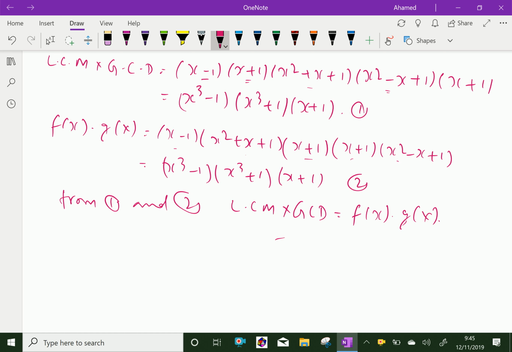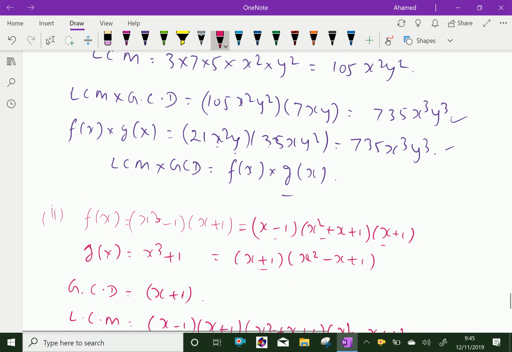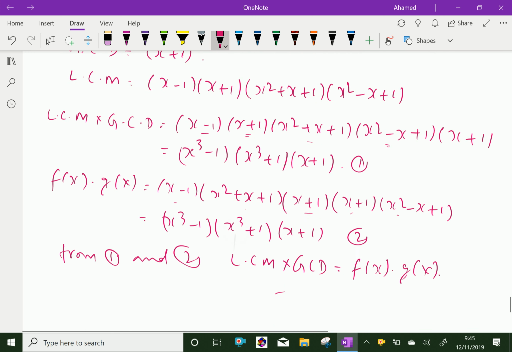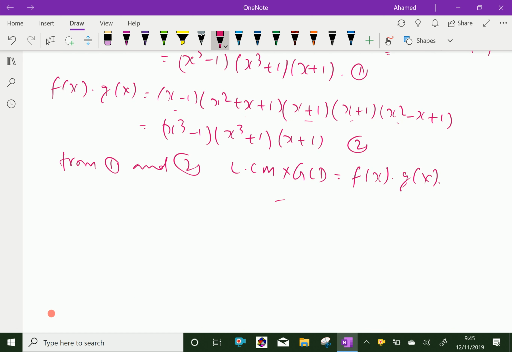Hence we proved. Then third question: x square y plus xy square and x square plus xy. Let f of x equal x square y plus xy square, which by factorizing, xy common, is xy into x plus y.